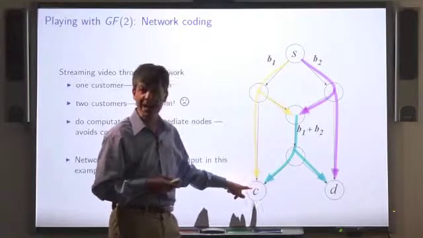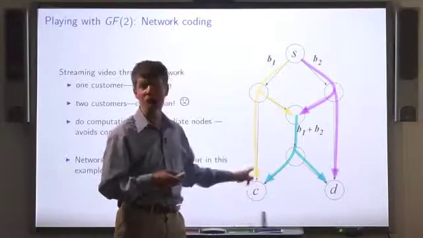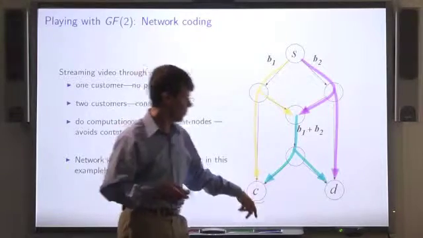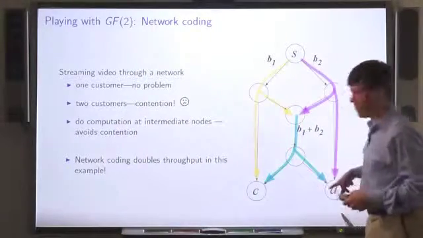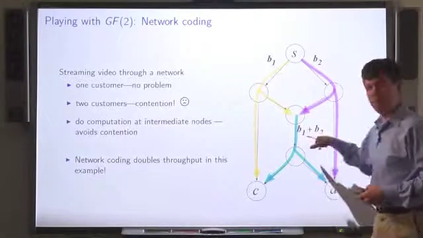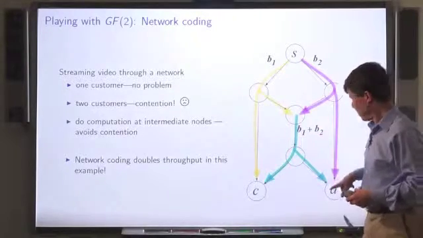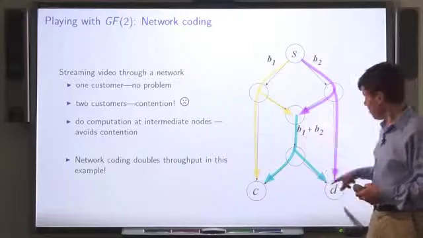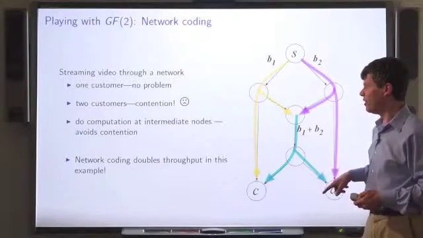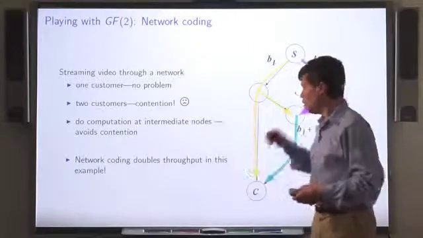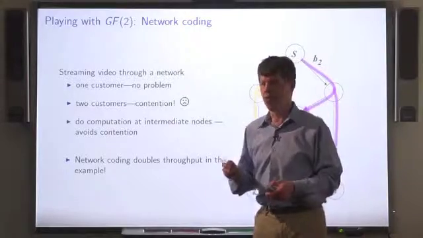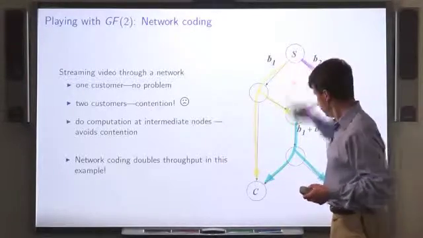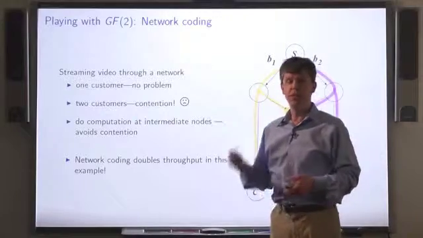This recipient can obtain B2 by subtracting B1 from the sum. This recipient gets the bit B2 and the bit B1 plus B2, so can obtain the bit B1 by subtracting. So you see, in this case, you can effectively double the throughput from this source to these 2 recipients using GF2 addition.